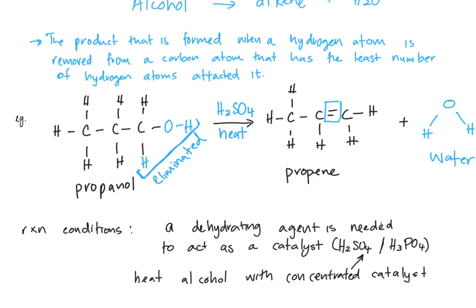So make sure that you indicate your catalysts and your reaction conditions above your arrows. Make sure it's done. Otherwise, you don't get the marks for those types of questions.